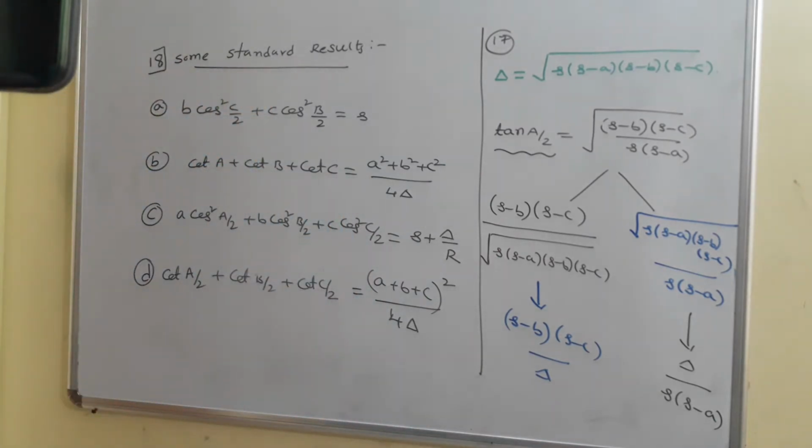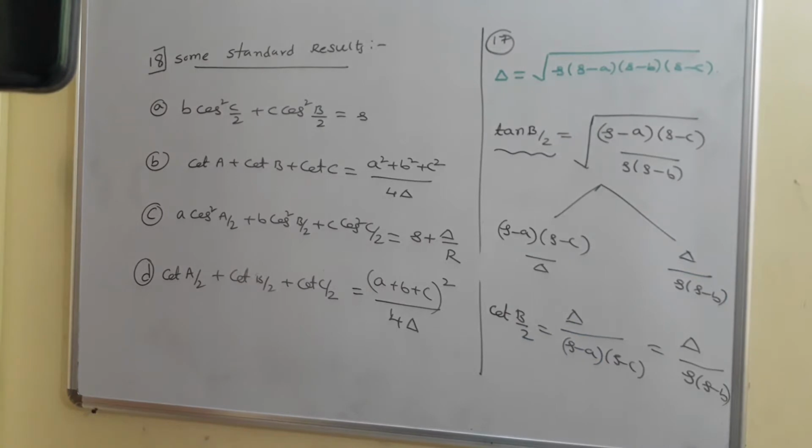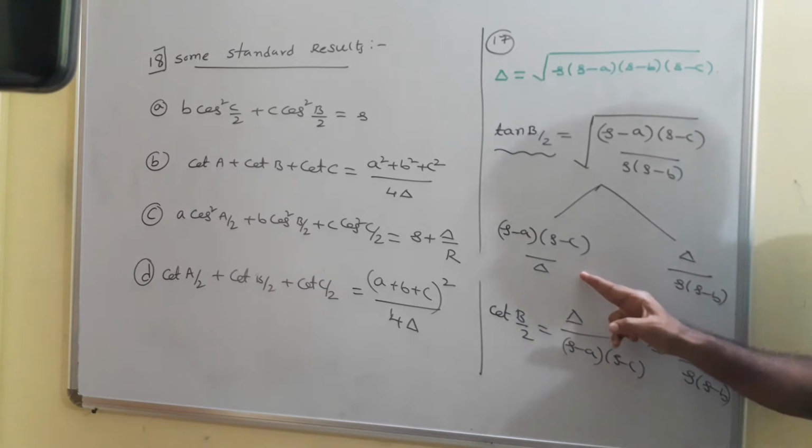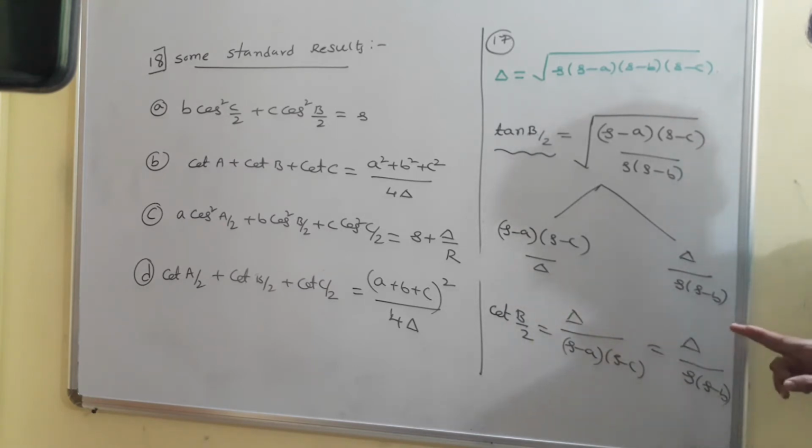Think about tan B by 2. Just look at the board. Similar to tan A by 2, I represented tan B by 2, which is root of s minus a into s minus c by s into s minus b. And again, if you wish to express it in terms of delta, this is s minus a into s minus c by delta, or delta by s into s minus b.